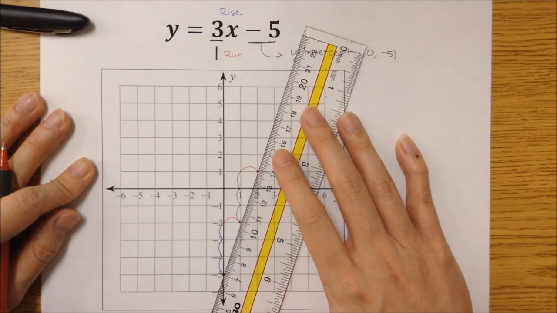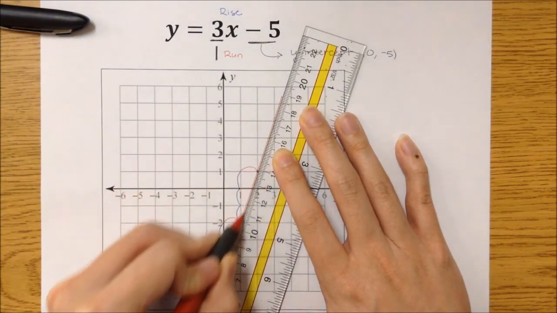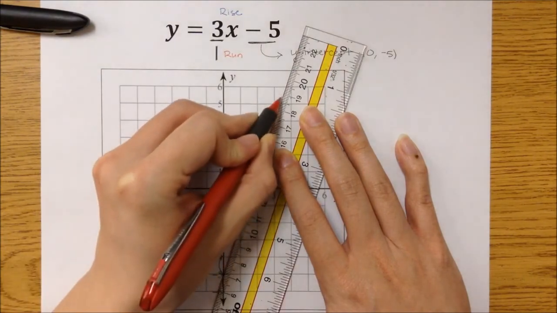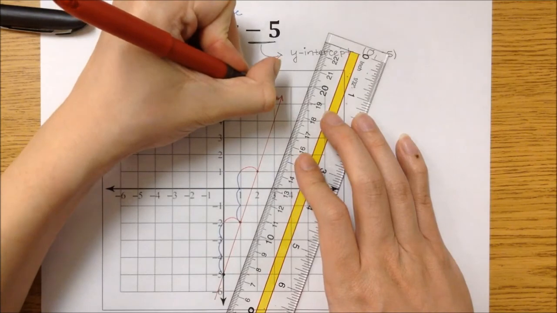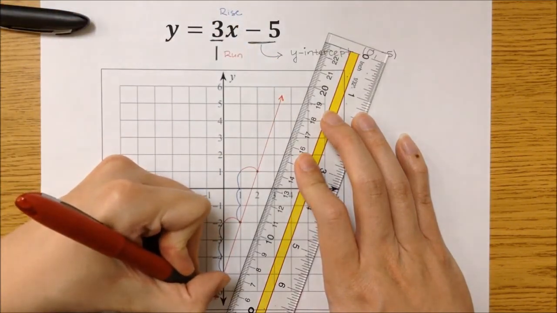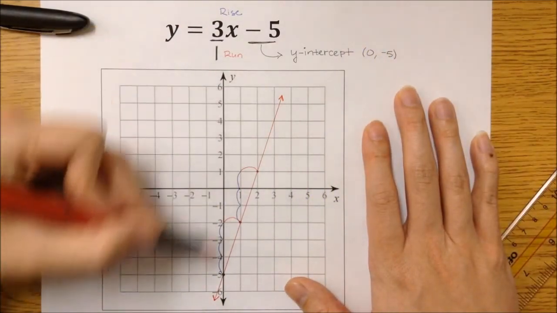The first, second, and third. Yep, they line up together. So I'm going to graph our line, and then include arrows on the ends. So now here's our graph line.